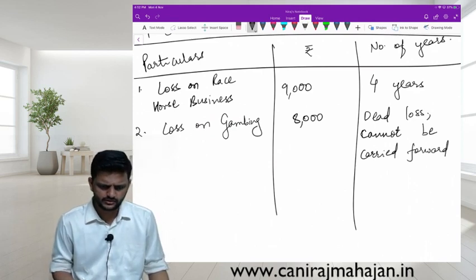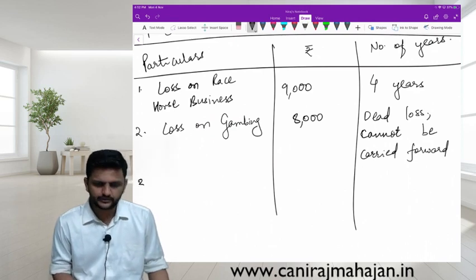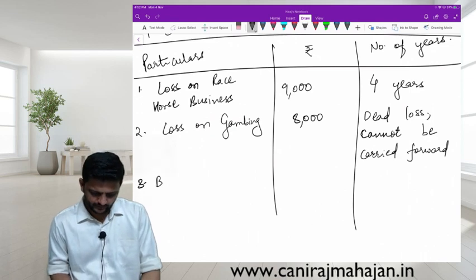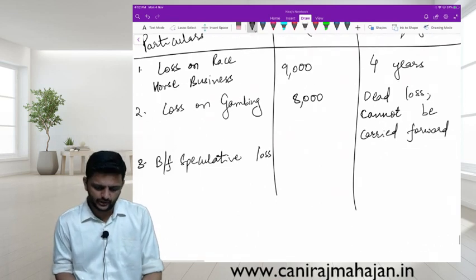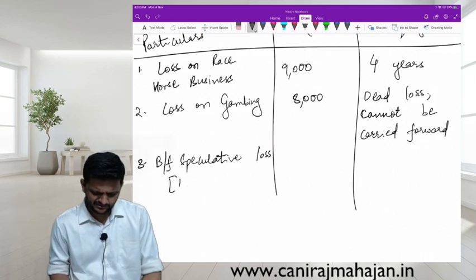One more loss: speculative loss is set off, but something is remaining. Brought forward speculative loss: how much was the original loss? 16,000.